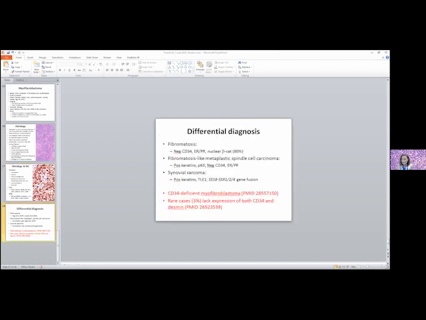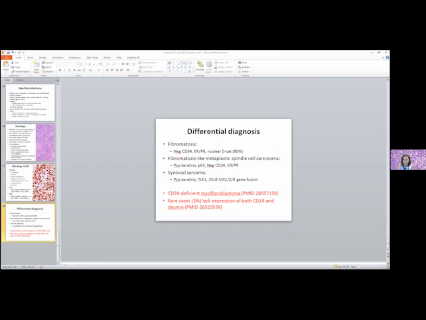There is a wider differential diagnosis, but in this case, I just included fibromatosis and fibromatosis-like metaplastic spindle cell carcinoma, which can be excluded based on the immunohistochemistry. But in this case, there was another entity that we considered in the differential diagnosis, which was monophasic synovial sarcoma, because it was so cellular and because it was negative for both desmin and CD34.